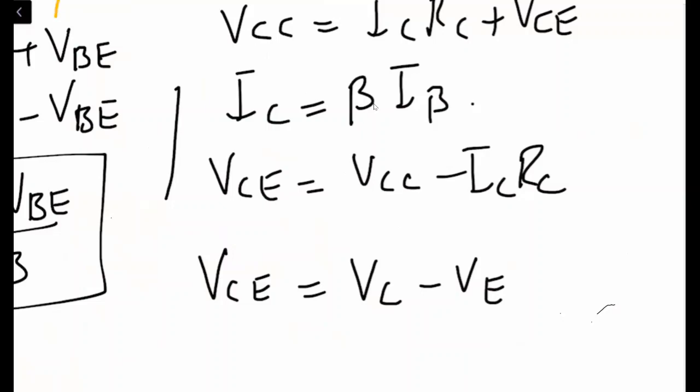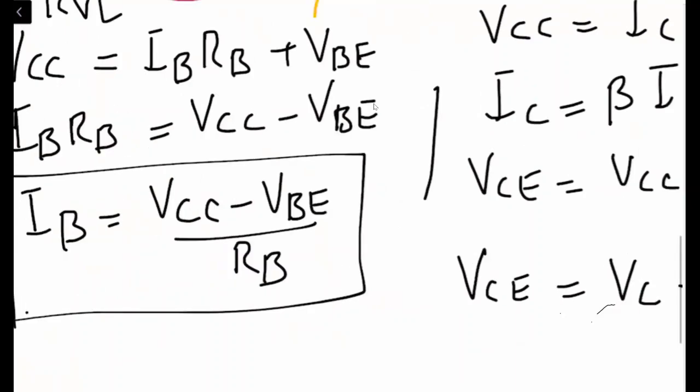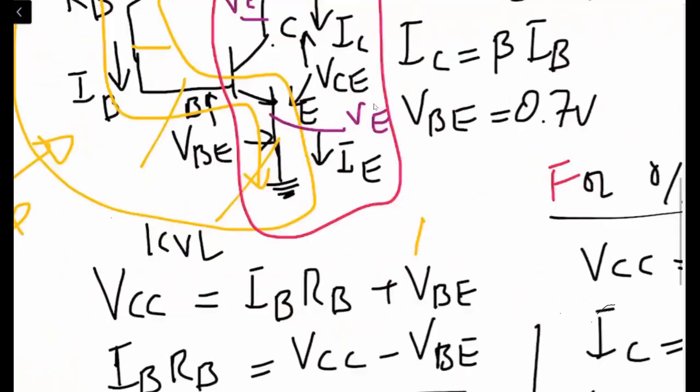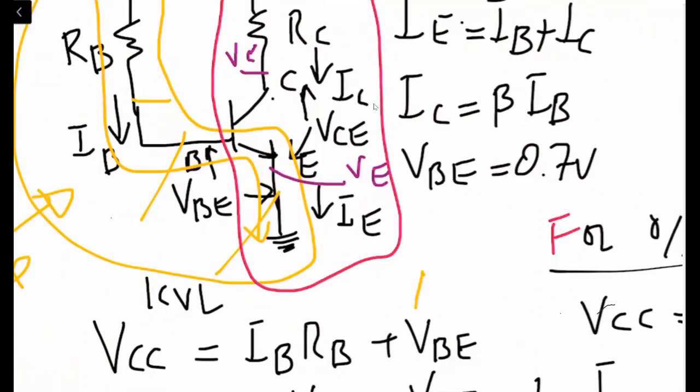But as you can see in the circuit, the emitter is directly connected to ground. So when the emitter is directly connected to ground, this means the emitter is at voltage equal to 0, right?